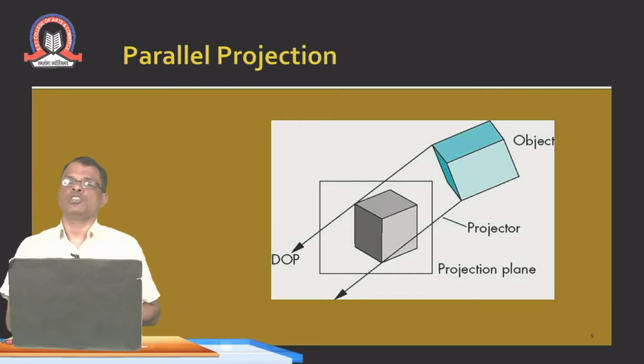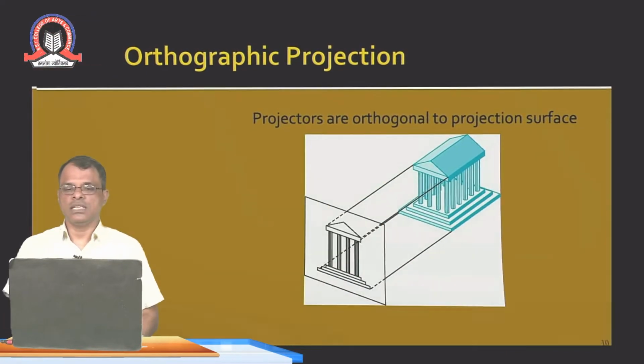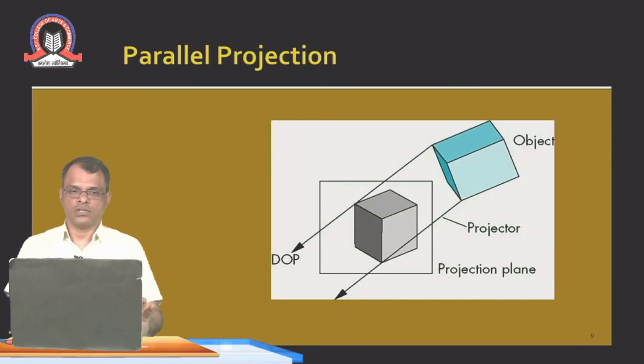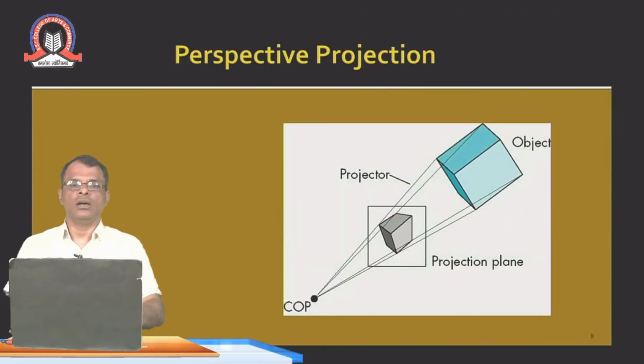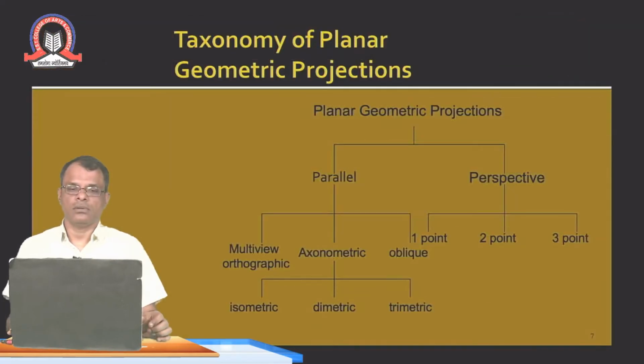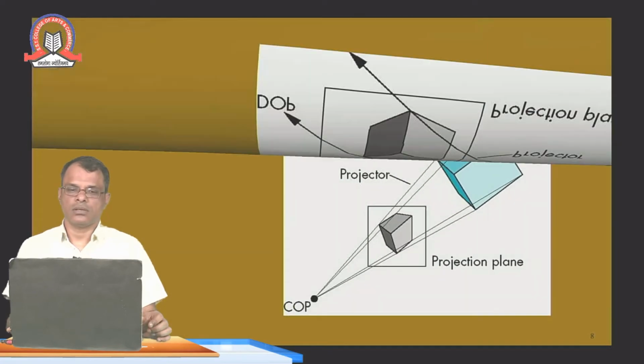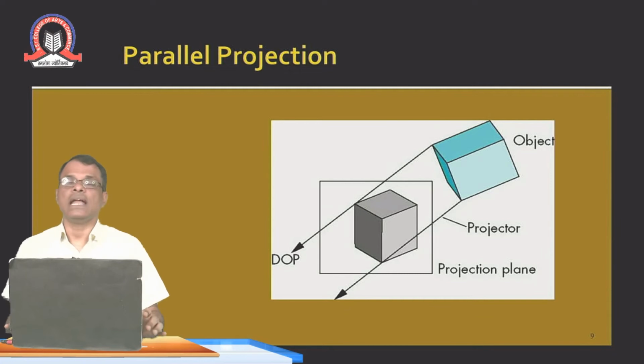In perspective projection, the lines or the view are converging from one point, and in the parallel one, the lines are parallel. Now we will proceed further.